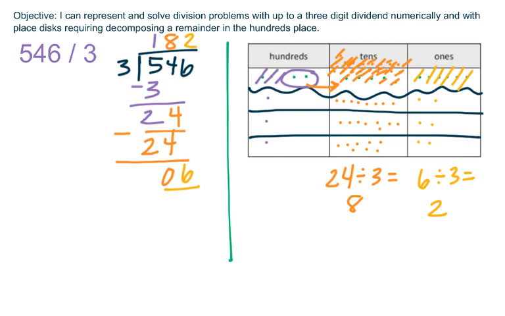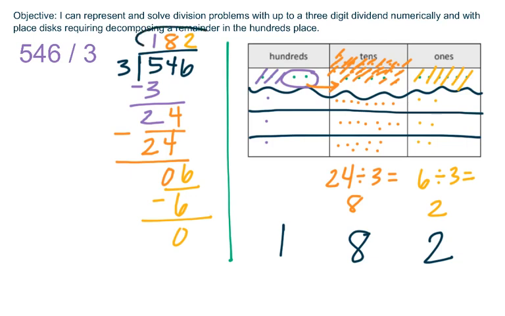And with 2 in each group and 3 groups, I used all 6 of my ones and ended up with no remainder. If I'm looking at my final outcome here, I ended up with 1 in each 100 group, 8 in each 10 group, and 2 in each 1 group, with a quotient of 182.